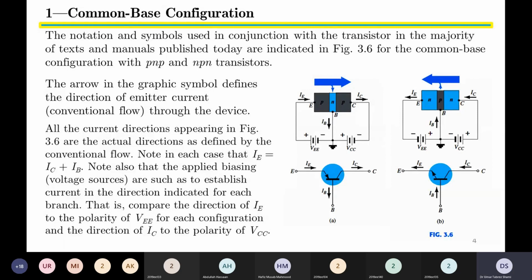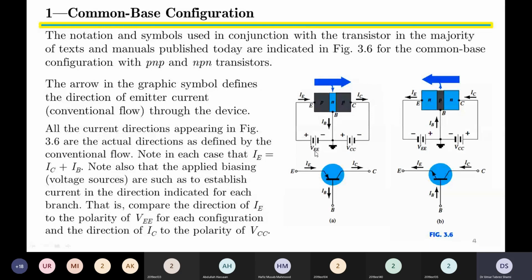Also note that the applied biasing, that is voltage sources, are such as to establish current in the direction indicated for each branch. So this means that we have to connect voltage VEE or voltage VCC so that current flows in the direction as shown.